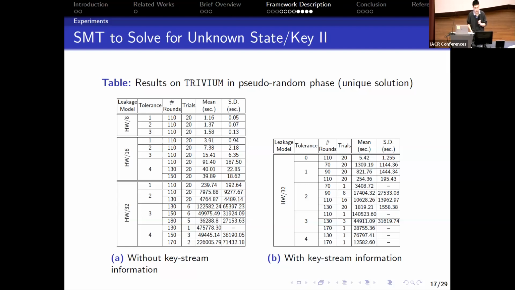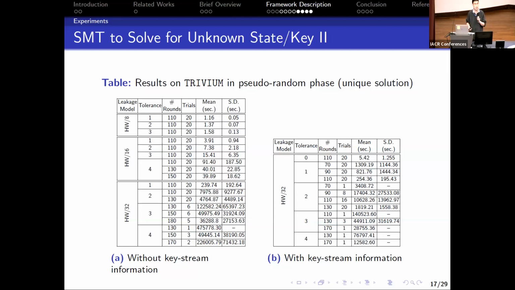We can see that for 180 rounds, the mean time is the shortest, because if you reduce the number of rounds, the SMT will take much longer to solve. So in this case, we can manage to recover the unique solution without the key stream information.